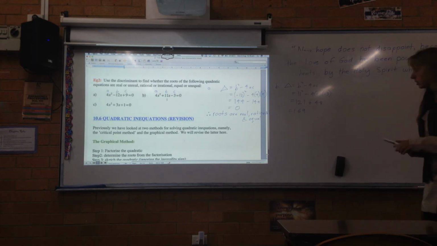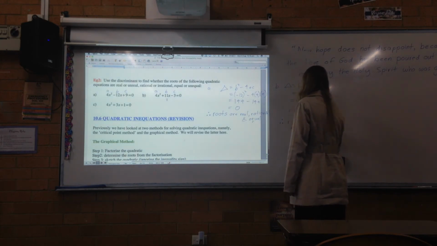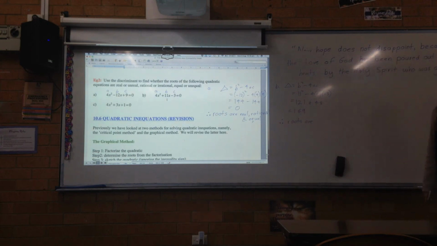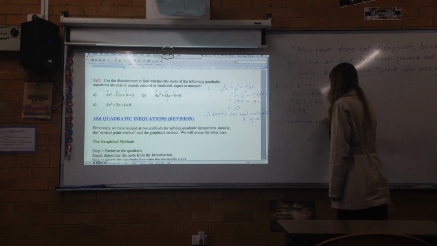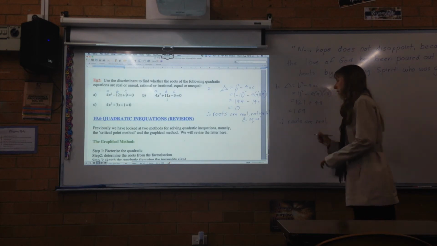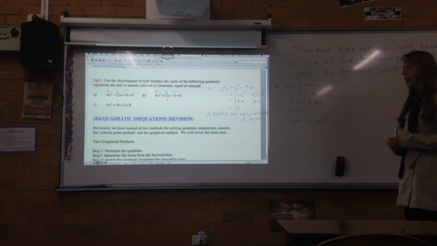Well, what does this now tell us? What could we conclude about our roots? So we know the roots, are they going to be real? Yes, because it's a positive number, so we can say that they are real. What else could we say about them? Are they going to be rational? Yes.